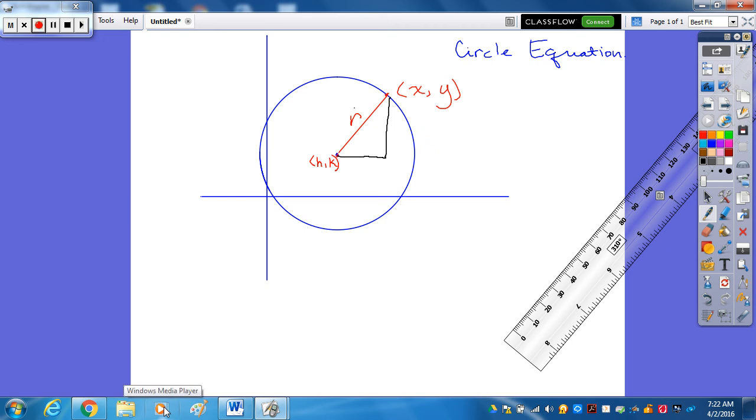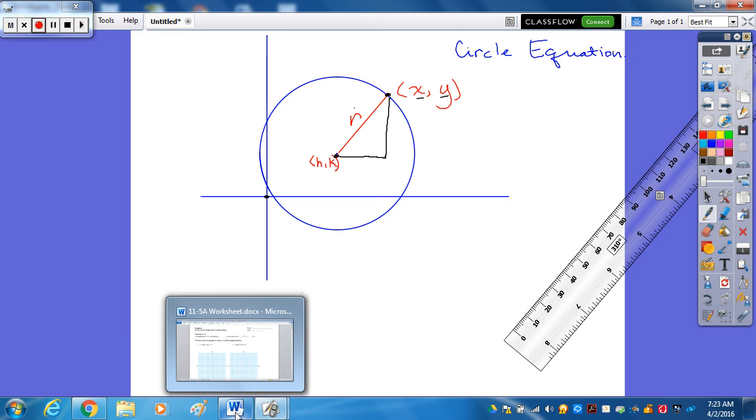Now, in order to figure out this length right here, I know that to get from the origin to this point here, I'm going to go over x and up y. Okay, I get those from those points there. Over x and up y. And I know that to get to this point right here, I'm going to go over h and up k.